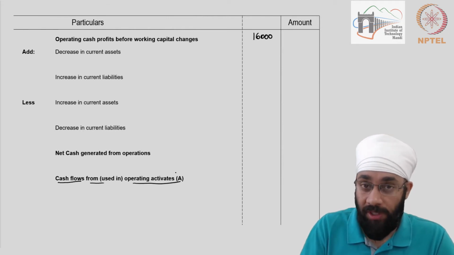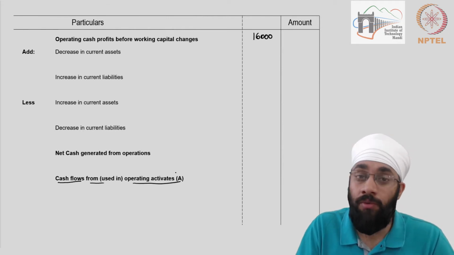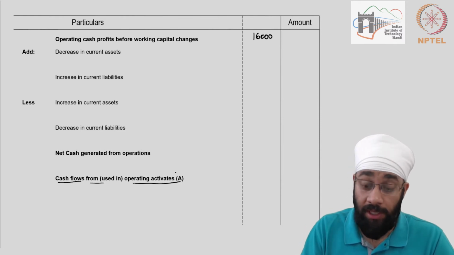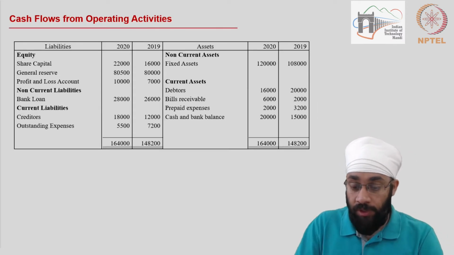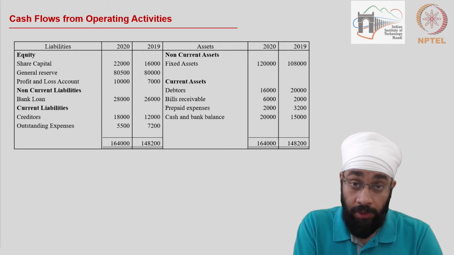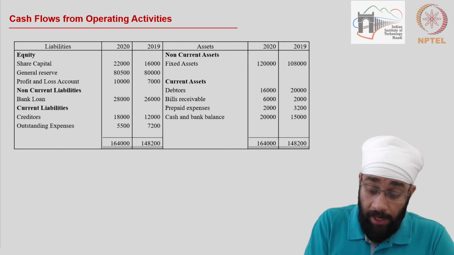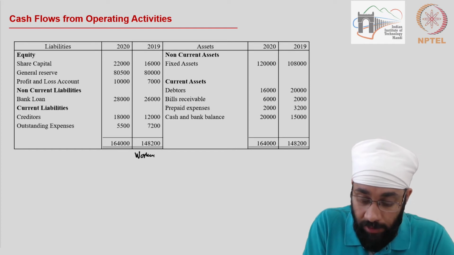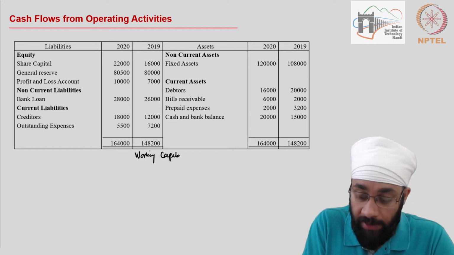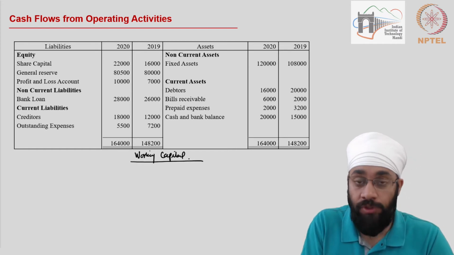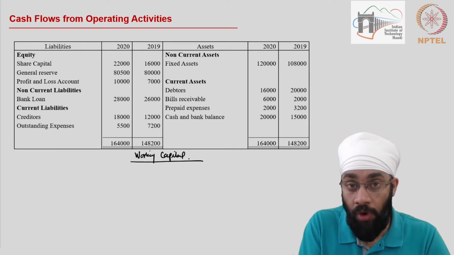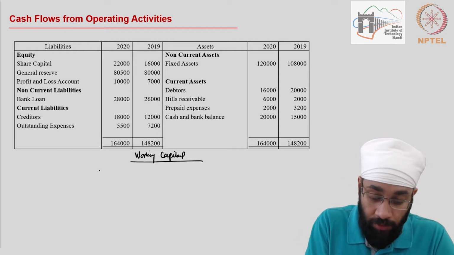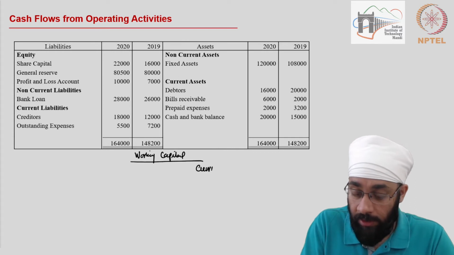Now, what are these working capital changes and why do you need to adjust for them? You see on the screen the balance sheet associated with the income statement, and let's talk about working capital. We know that working capital refers to the money which is temporarily blocked in the business. Where do you block the money? You block the money in current assets. How?